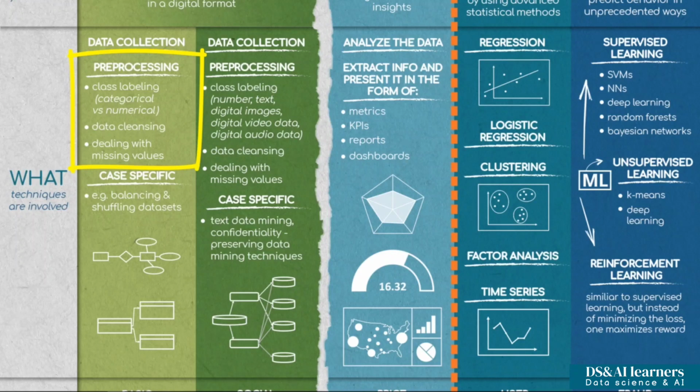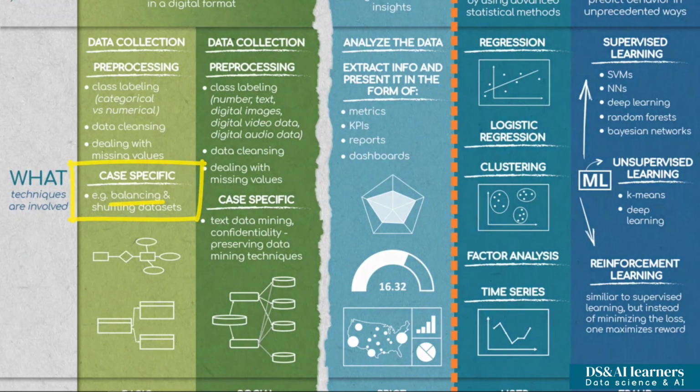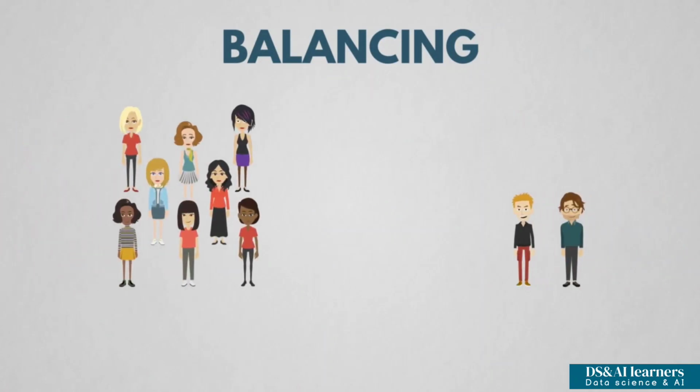Great stuff! Now, let's move on to a couple of approaches that are specific to working with traditional data. The first one being balancing. Imagine you have compiled a survey to gather data on the shopping habits of men and women. You want to ascertain who spends more money during the weekend, for example.